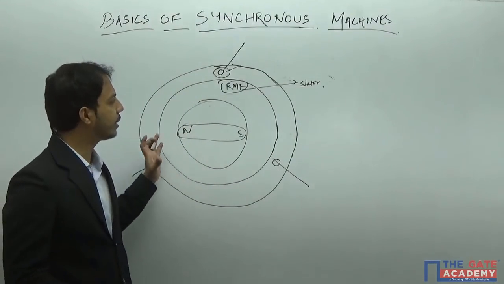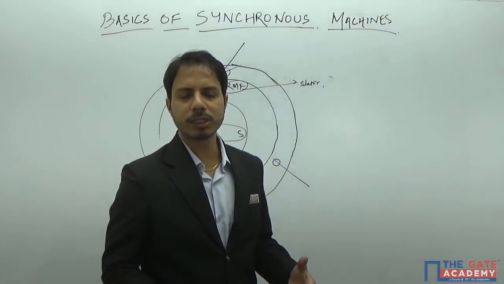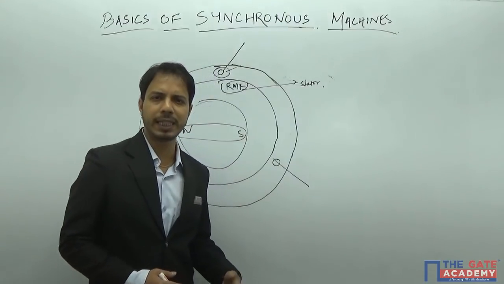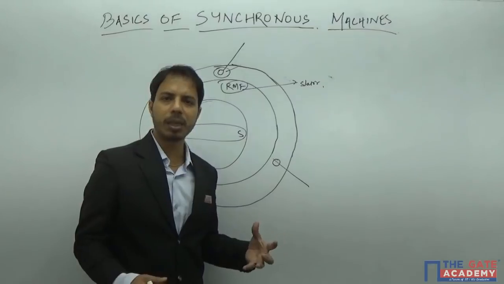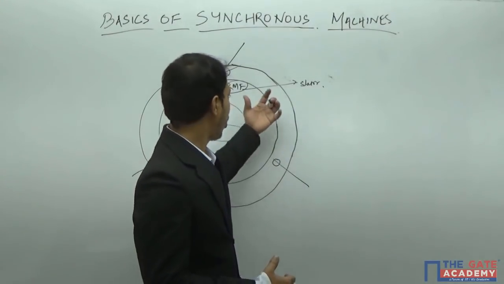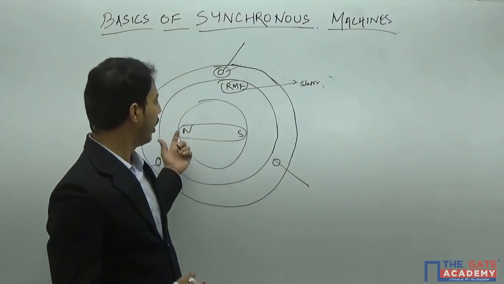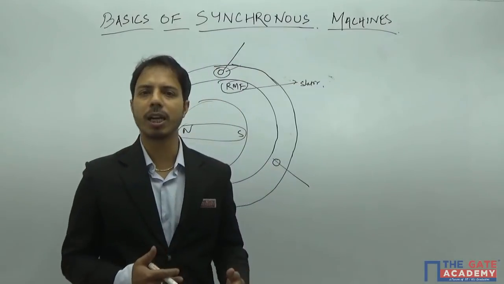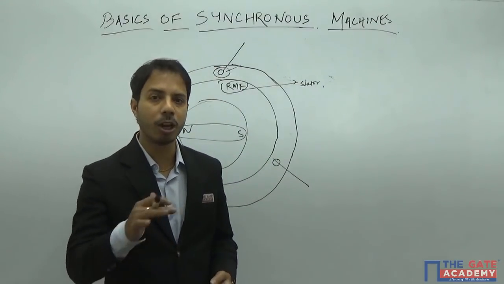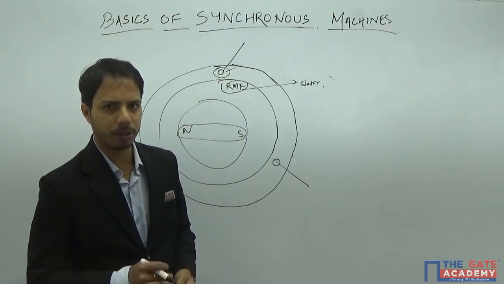So we will basically start this as an induction motor, and once the rotor gains some speed, we will give the excitation, and then ultimately there will be locking between the rotating magnetic field of the stator and the field produced by the rotor. Thus the rotor will start rotating at the synchronous speed, not below synchronous speed, which happens in an induction motor.